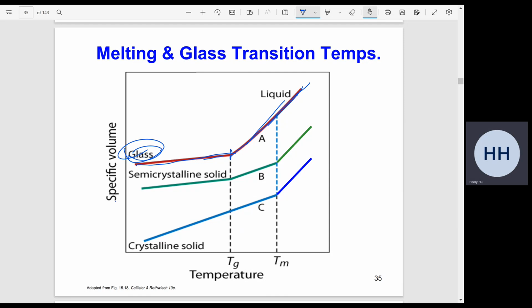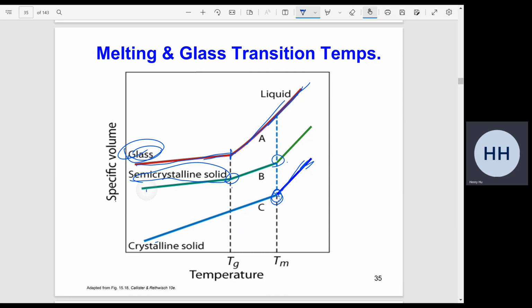And then for the crystalline solid, you have a melting temperature, so the specific volume will change quite significantly at the melting temperature. And then for the semi-crystalline solid, for the polymer, you can have maybe 50% crystalline polymer and 50% amorphous polymer. Then you're going to have two different transition temperatures: one is called the glass transition temperature, another is called the melting temperature.